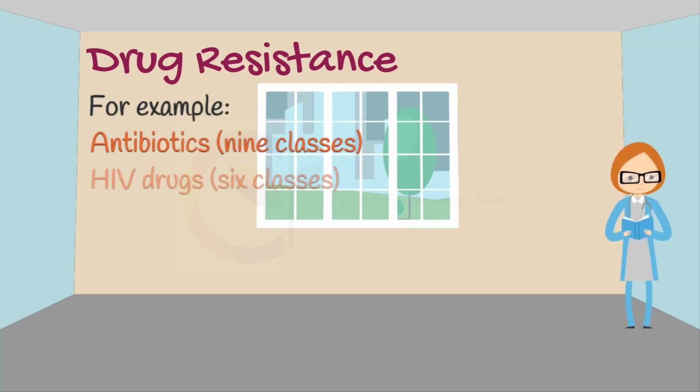Antibiotics, of which there are 9 major classes, and HIV drugs, of which there are 6 classes, are 2 such cases. Depending on the class, some may have more potential for resistance than others. To better prevail over resistance, multiple classes are usually prescribed to attain optimum management of the bacterial or viral infection.